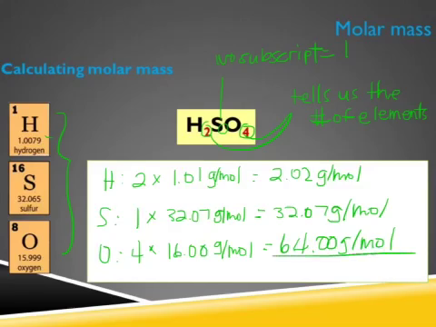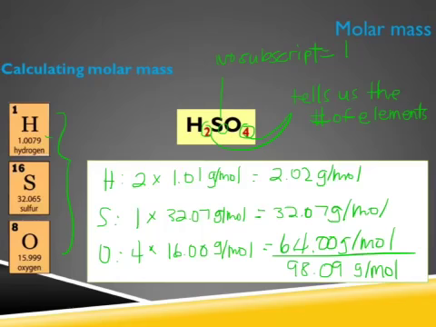So I need to add 2.02 plus 32.07 and 64 all together, and you should end up with a molar mass of 98.09 grams per mole. And this is how we would calculate the molar mass for a compound or molecule.